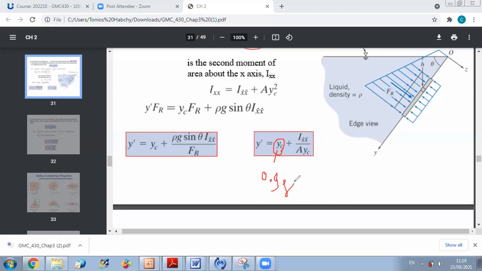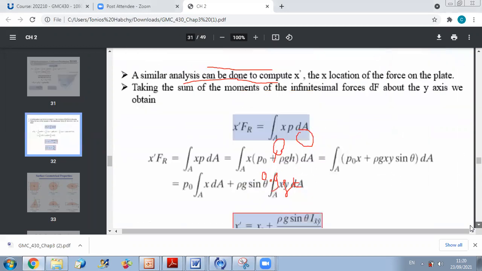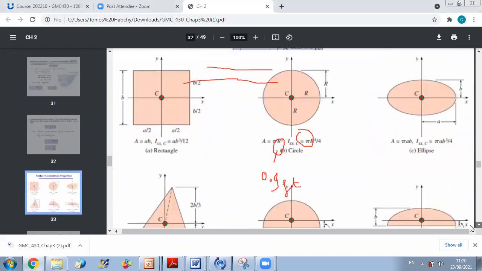We still need to determine the second moment of area. This term Ixx is called the second moment of area about the x-axis, and it is a property of the geometry of the surface. If you have a rectangle, you will have a certain formula; if you have a triangle, you will have another formula. So now we will go to the formula sheet provided to us.